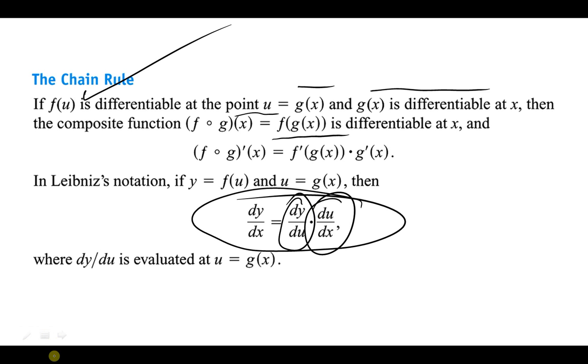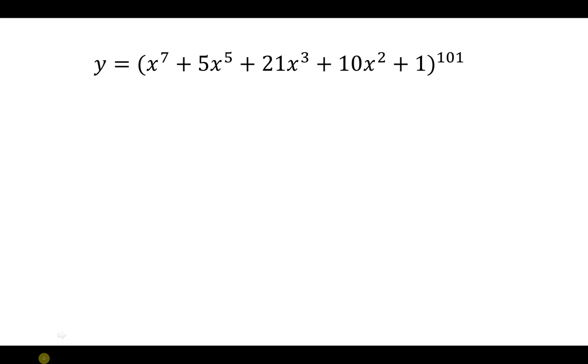We're going to complete this video by just simply working some problems to illustrate what is going on here. Let's take this composite function, which is a polynomial that's rather complicated, to the 101 power.